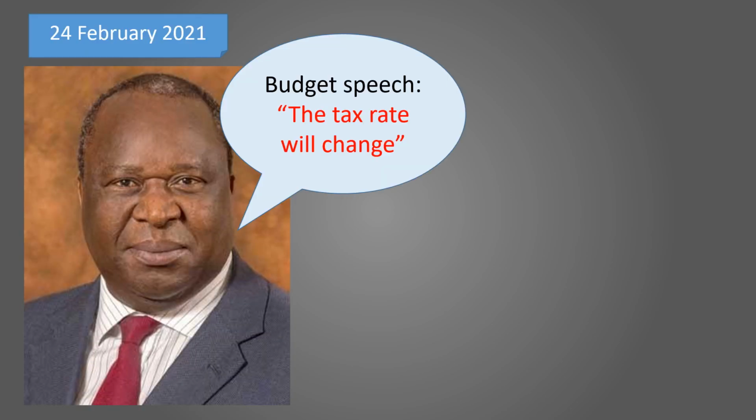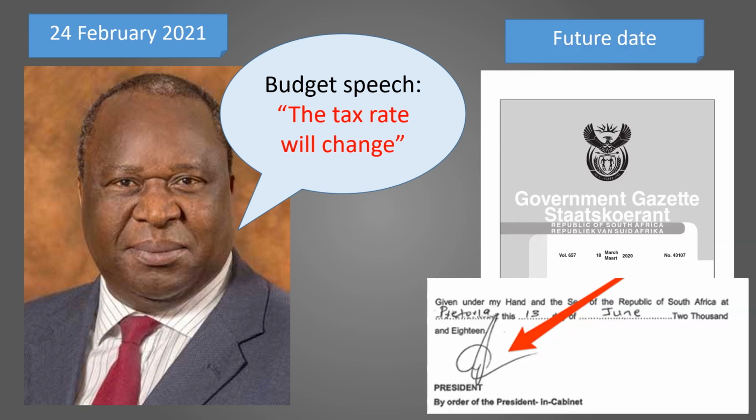So let's put that into practice in South Africa. This year, on the 24th of February, Minister Tito Mboweni announced a change in the corporate tax rate. So this will be signed into law on a future date. On a future date, the President will put his signature on this change in legislation, and it will be signed into law.